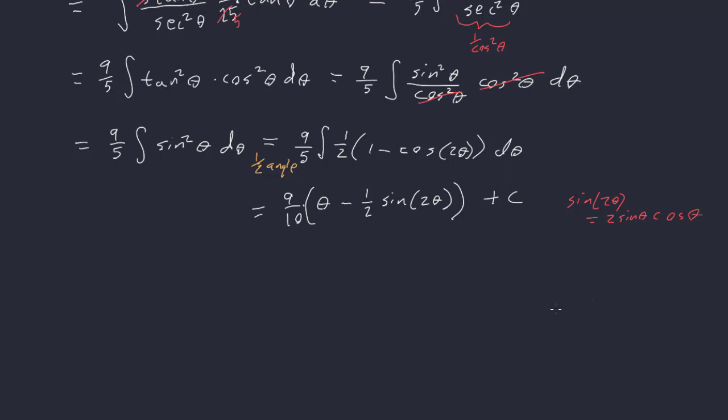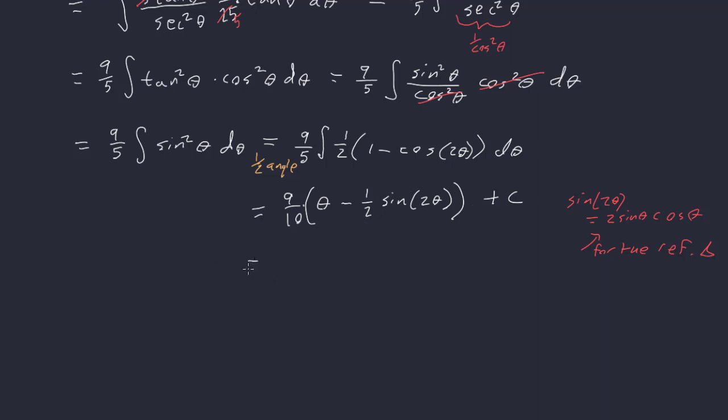It's a lot easier to deal with our reference triangle. If we didn't have to do a reference triangle, we could just leave that like that. But trying to get a 2 theta on our reference triangle is kind of a pain. So this 2 sine theta cosine theta will cancel with the 1/2.